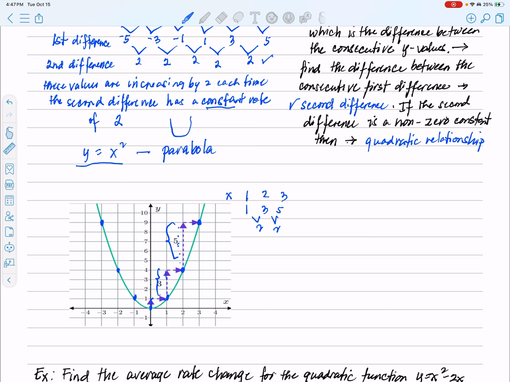So for equal x intervals, for every x interval, the y values increase by 2 more for each unit. Same thing with the left side.